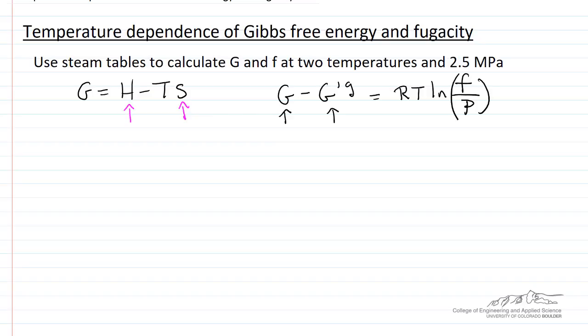And this pressure corresponds to the pressure where we calculate this Gibbs free energy, because if it's an ideal gas, fugacity equals pressure for an ideal gas. And that's important. At this low pressure, we can calculate this Gibbs free energy from the steam tables.